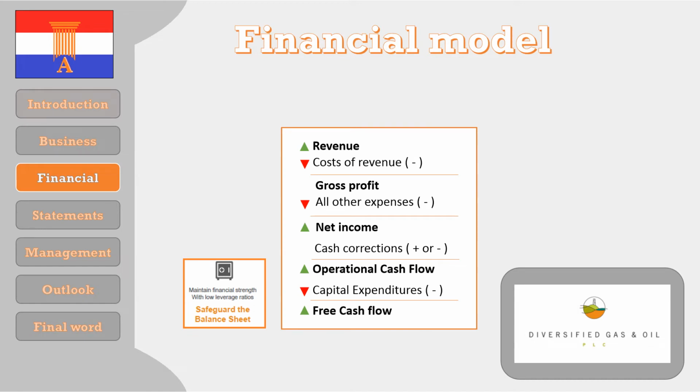So to go back to this sheet, what has happened, we are going to look to see if they meet our expectations. So the revenue has been increasing, which is good. Cost of revenue has not been decreasing, but it hasn't been increasing either. So it stays on the same level as revenue. So gross profit is still very good. All other expenses have been relatively decreasing.